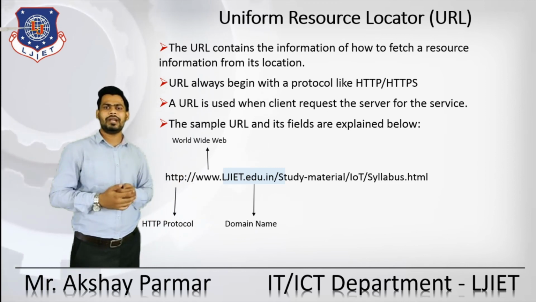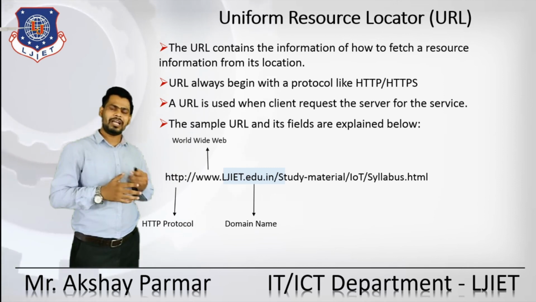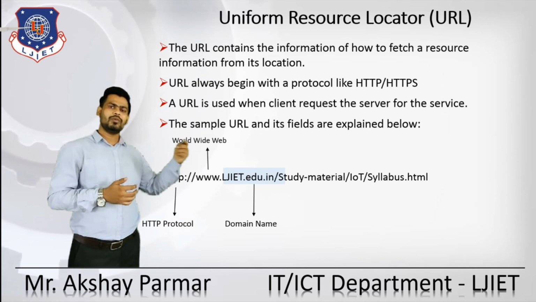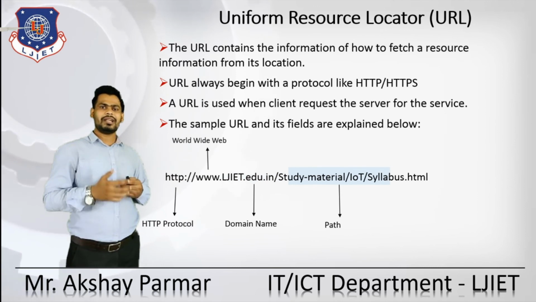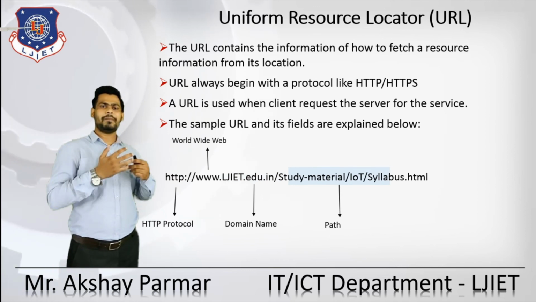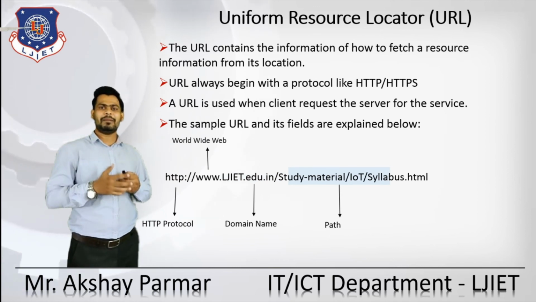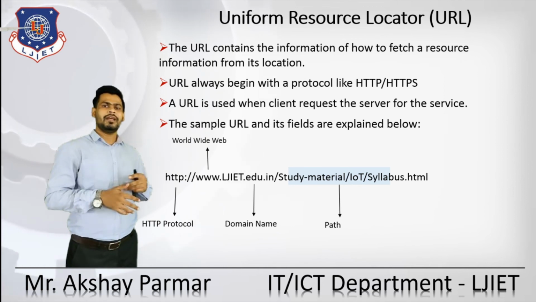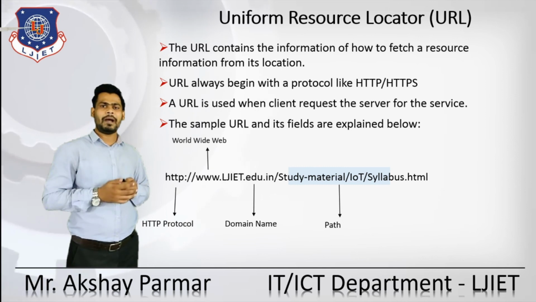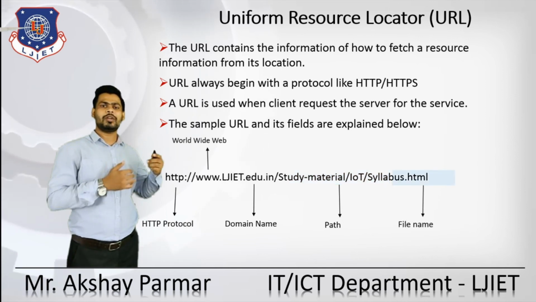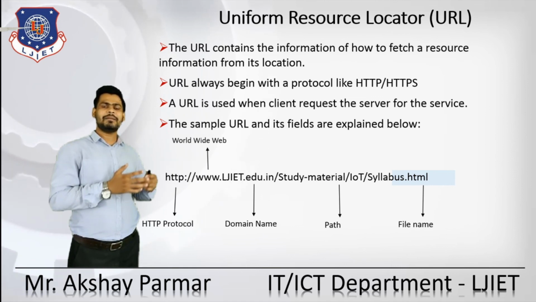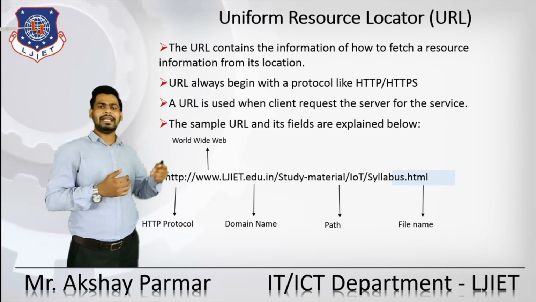After reaching the domain name, the path we have to follow needs to be described there. So study material/IoT is the path for that, and with its help we can track the path from that particular domain name. After following that path, we arrive at the file destination, and we can retrieve the syllabus.html file.